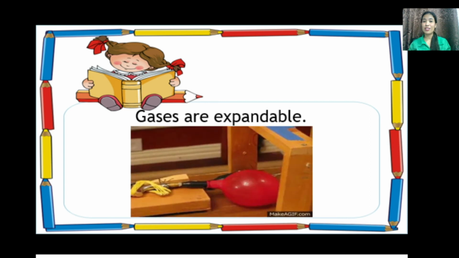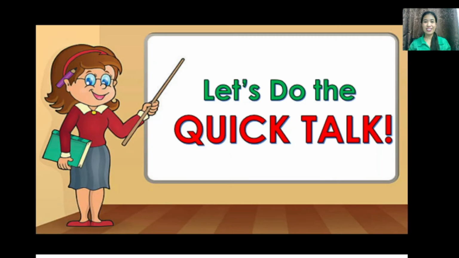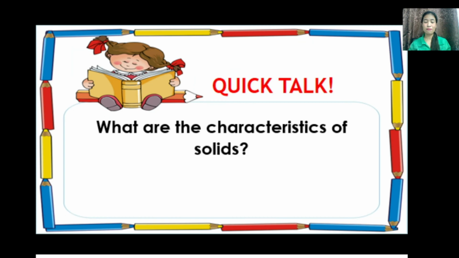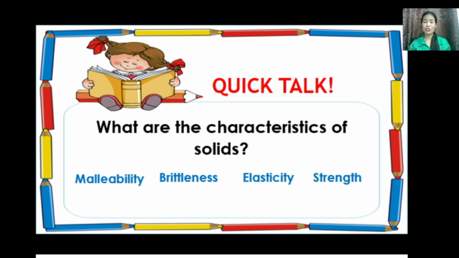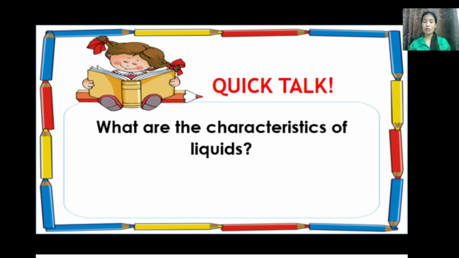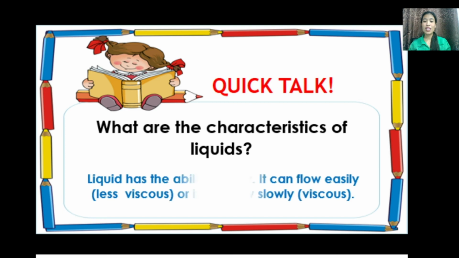Is there any question? Okay, so let's do this quick talk. What are the characteristics of solids? We have malleability, brittleness, elasticity, and strength. How about the characteristics of liquids? Liquids have the ability to flow.